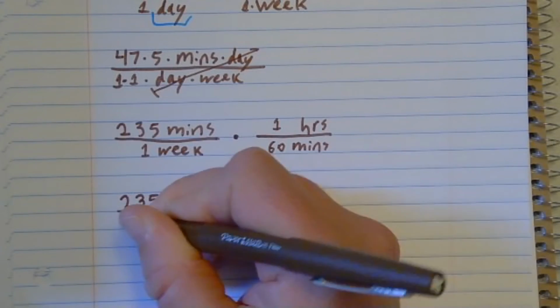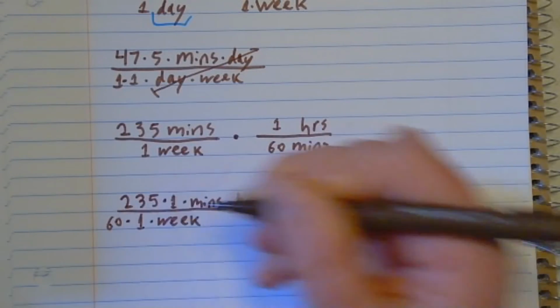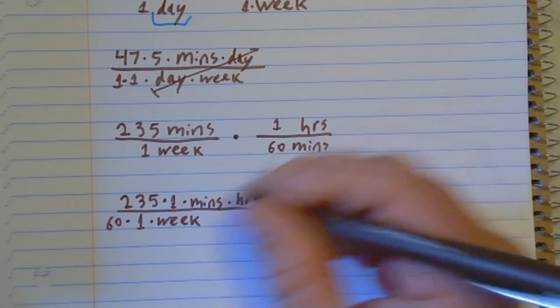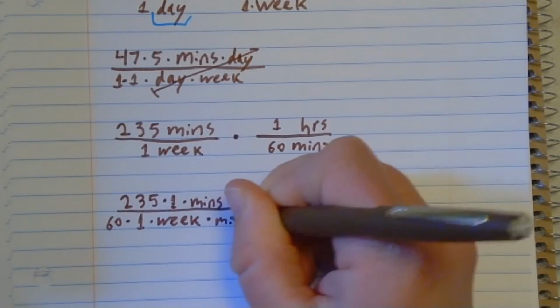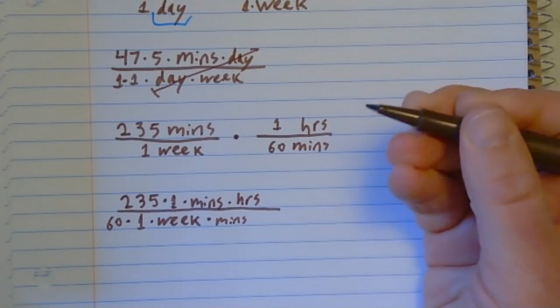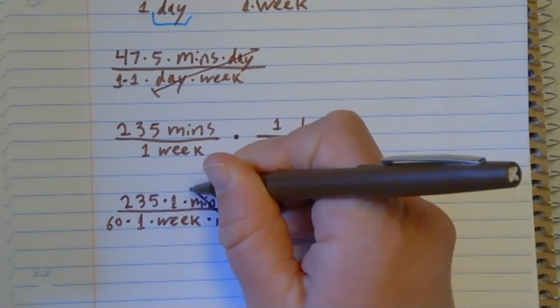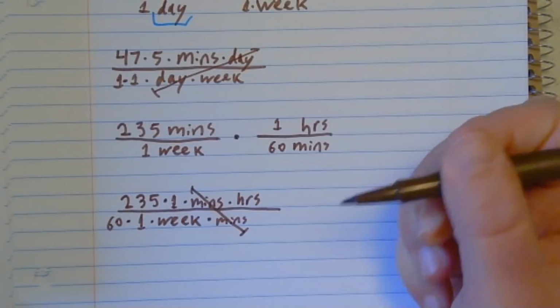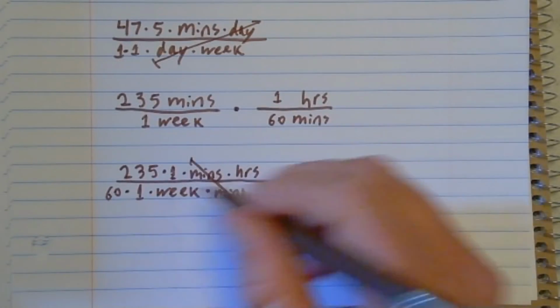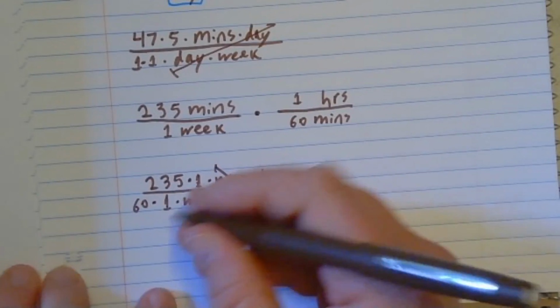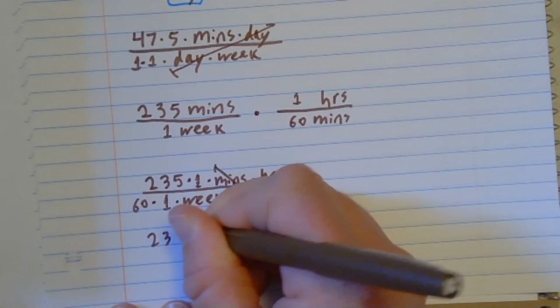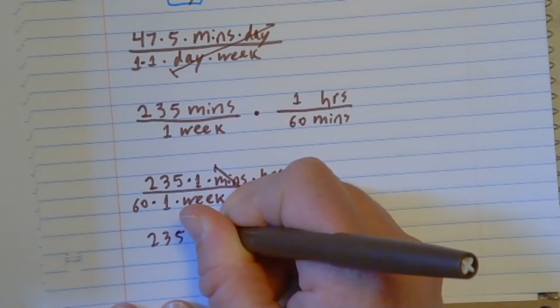Oh, I forgot to put the 60 over here. I'll put it over here. 60 times 1 times week times minutes. And now I can make a 1 here. Minutes divided by minutes would be 1. And then I can simplify this a little more. I'd have 235 times 1 doesn't change it, hours.